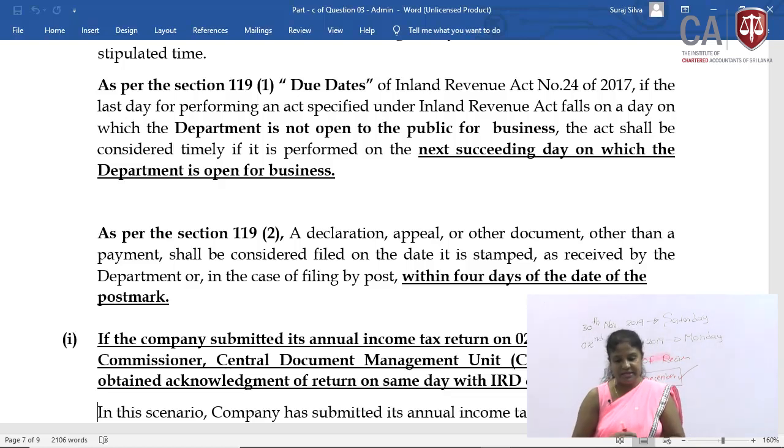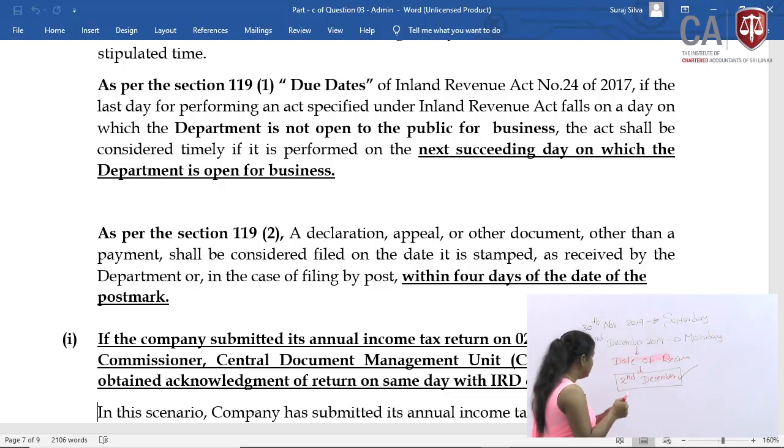It shall be considered filed on the date it is stamped, the postal stamp. What is the date in the postal stamp? It should be considered the date of receipt of the return by the Department of Inland Revenue, as received by the department, or in the case of filing by post, within 4 days of the date of the post mark.